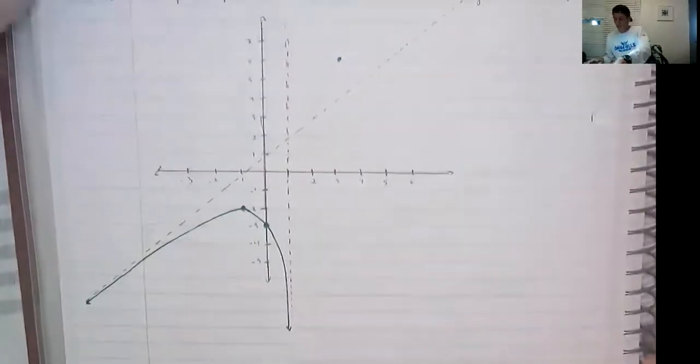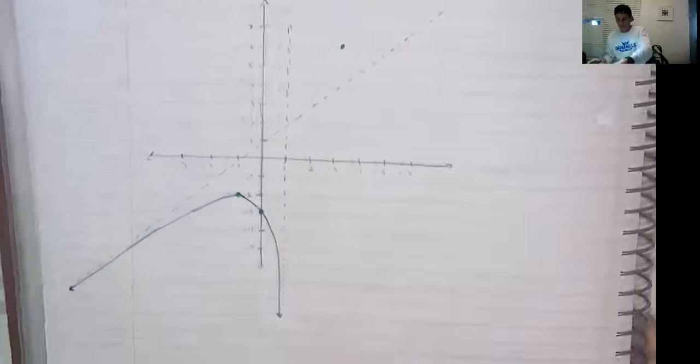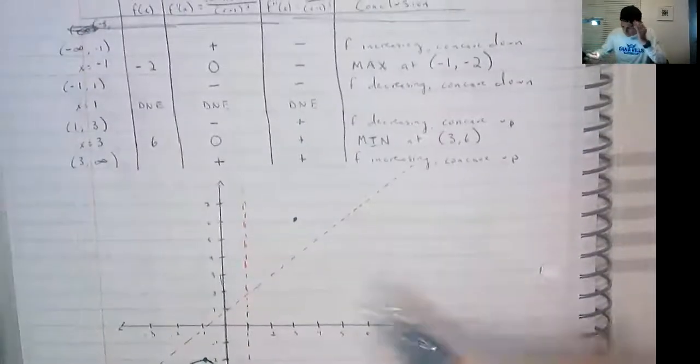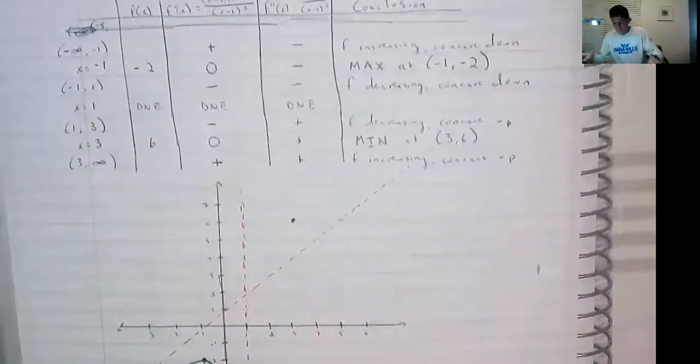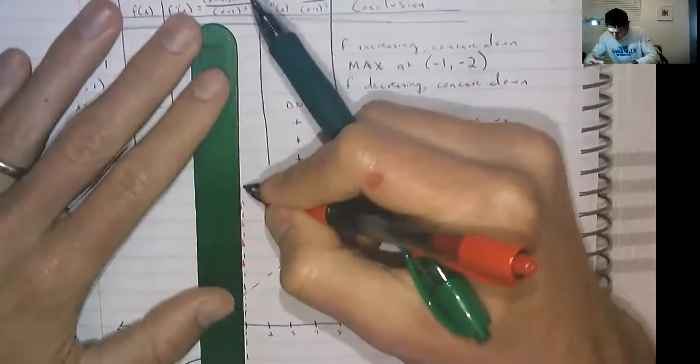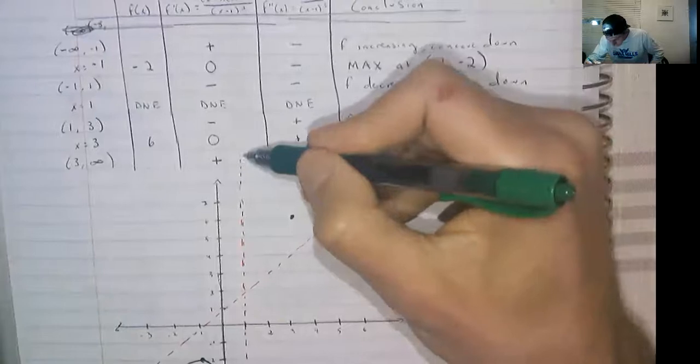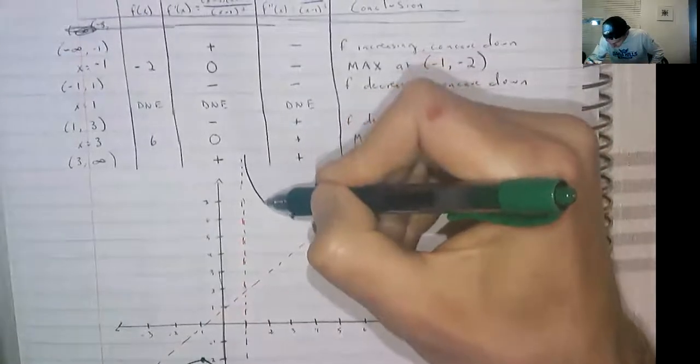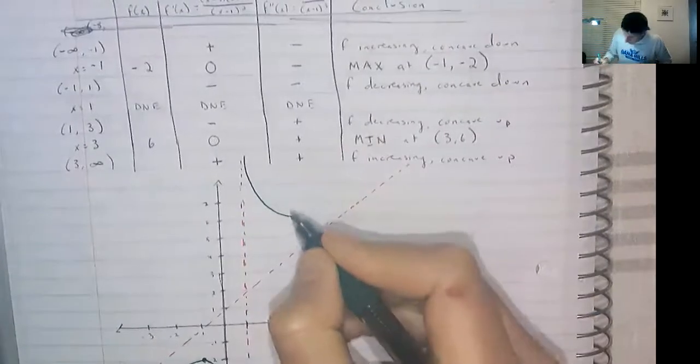And then up here, similar story. We're coming from this vertical asymptote, hitting this minimum. And it's not just like a parabola.